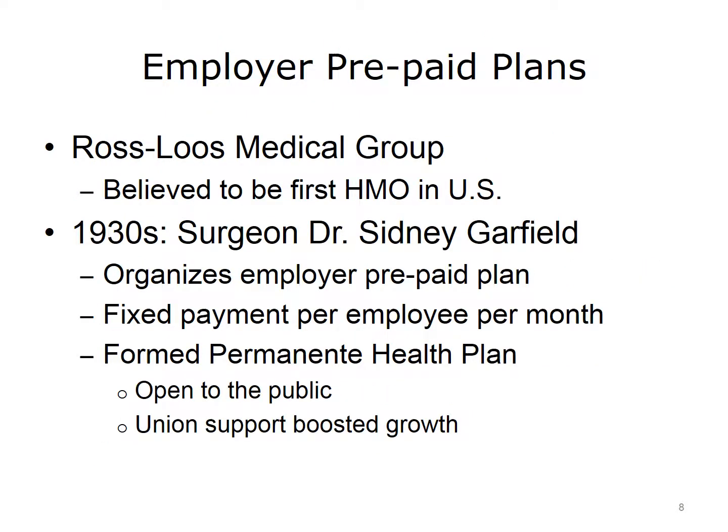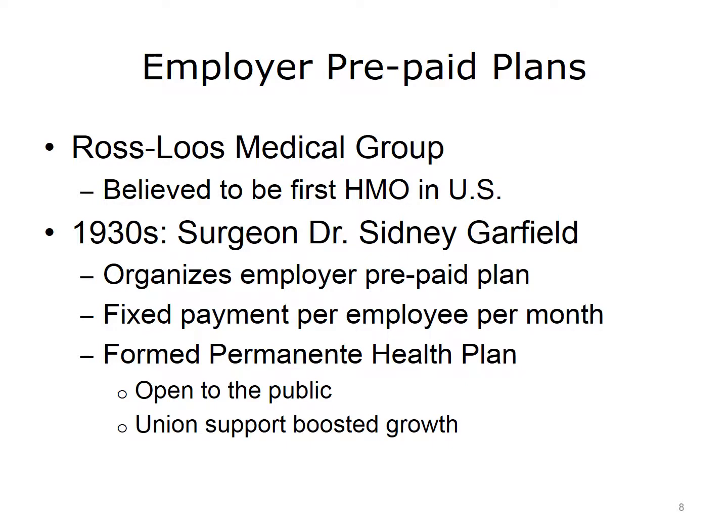In 1929, the Ross-Luce Medical Group formed what is believed to be the first health maintenance organization in the United States and provided prepaid medical care to Los Angeles County employees. During the 1930s, Surgeon Dr. Sidney Garfield provided prepaid care for the illnesses and injuries of employees of major public works construction projects in California, and later to employees of the Kaiser shipyards during World War II.